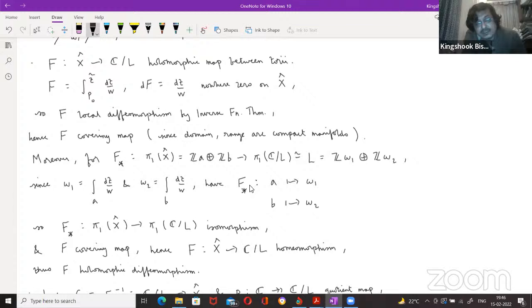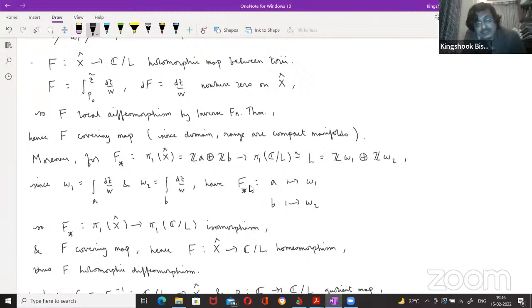it's easy to see the induced map F star between fundamental groups. What will it do to the A curve? That will correspond to integrating over the A curve this differential form. So that will map to omega 1 in the fundamental group of this torus C modulo L. So that means that the A curve will map to omega 1 and the B curve will map to omega 2.